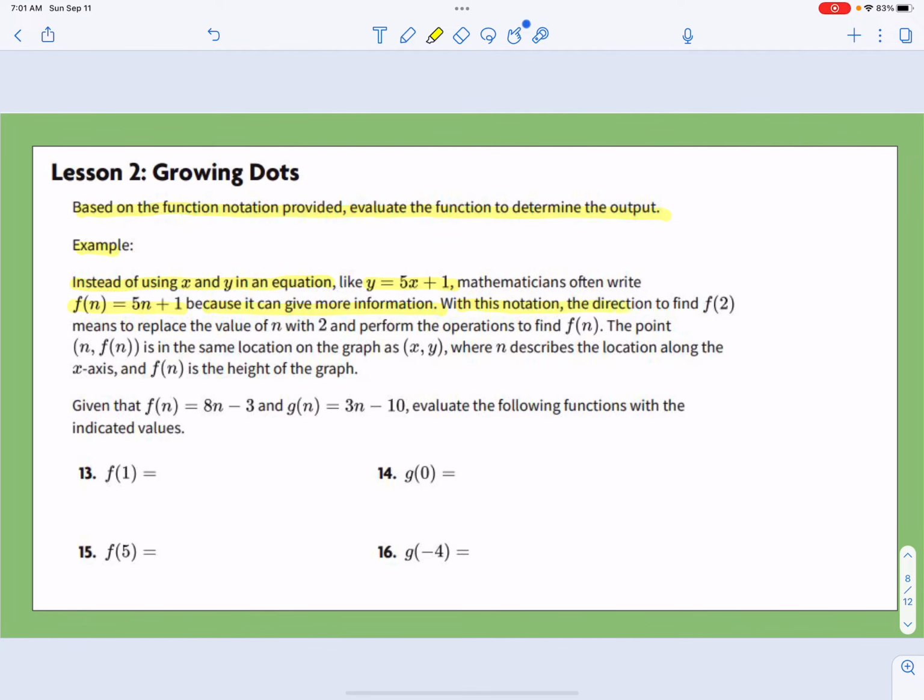With this notation, the direction to find f of 2 means to replace the value of n with 2 and perform the operation to find f of n. Okay, and that's key. So if we're going to find the function of 2, we replace the value of n with 2 and then work it out. So we're plugging a value in to do that.